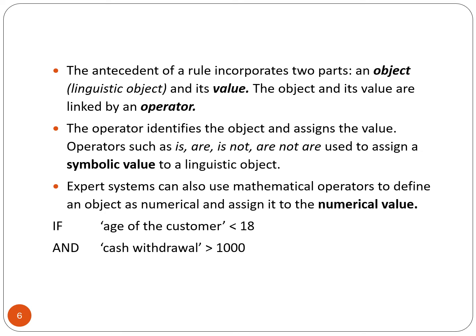If you look at both of these in the antecedent, they have a numerical value, and these values are connected to the object by the operator. The operator in the first one is less than, the second one is greater than.